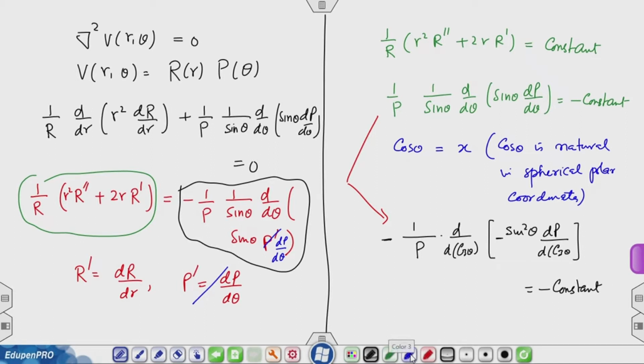Replacing cos theta by x, I get d by dx of (1 minus x square), that's sine square theta, dP by dx, minus this constant times P is equal to 0. That's the equation for P. Let us see what does it expand to.